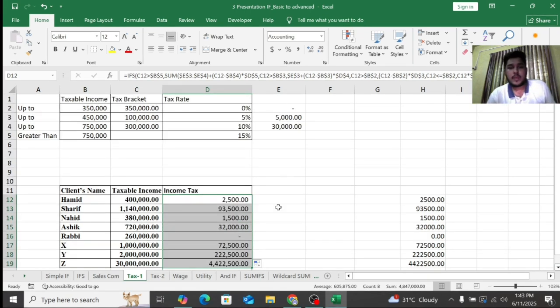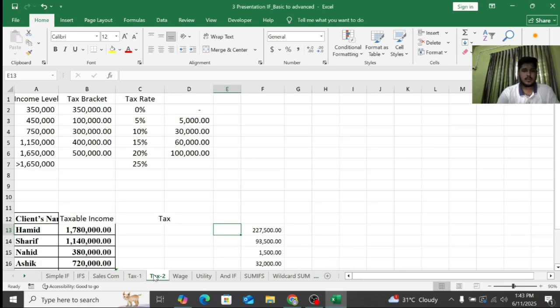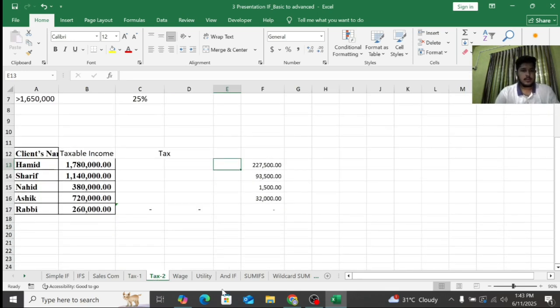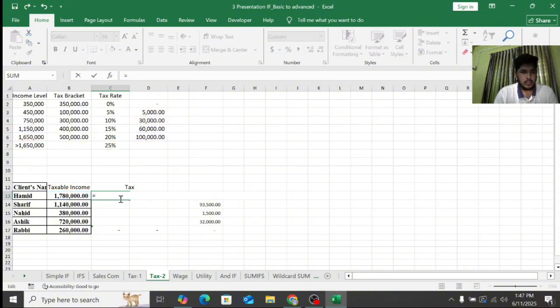So this is how we calculate income tax on different tax brackets. Let's try another one on tax. So here the same, but there's a lot of amount in this, so we're going to do it a little bit fast.